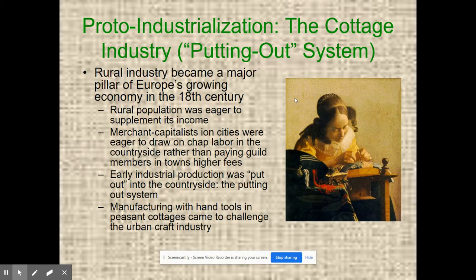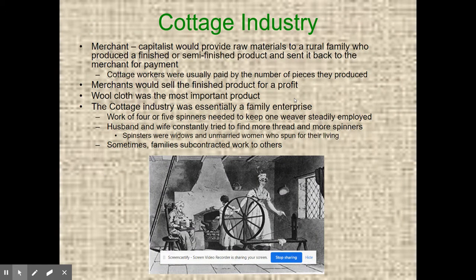and support your family. So men and women during this time period in the cottage industry were really kind of partners with each other. So this is that cottage industry. It's basically a family enterprise. And this was a way older women could also support themselves, in that they could spin the extra thread, extra wool, and that's where the term spinster came from.